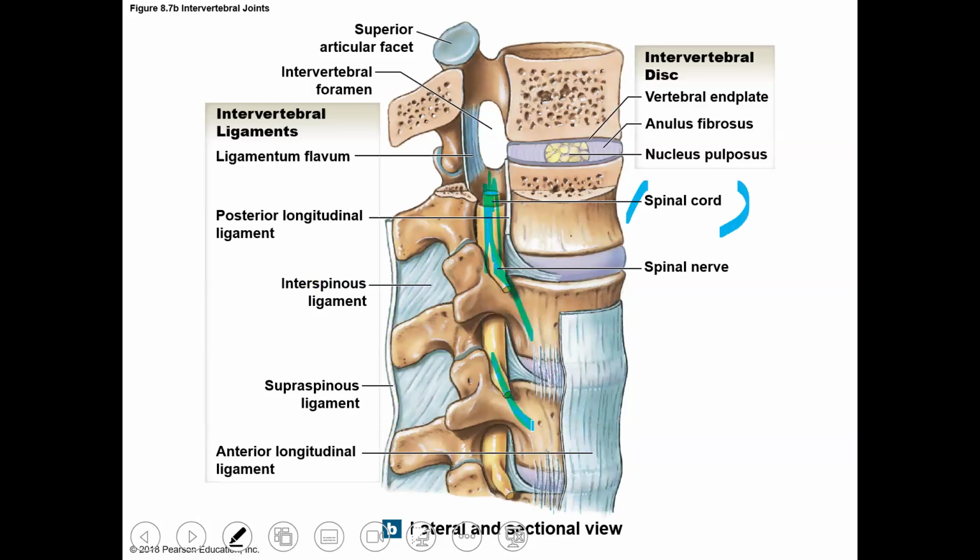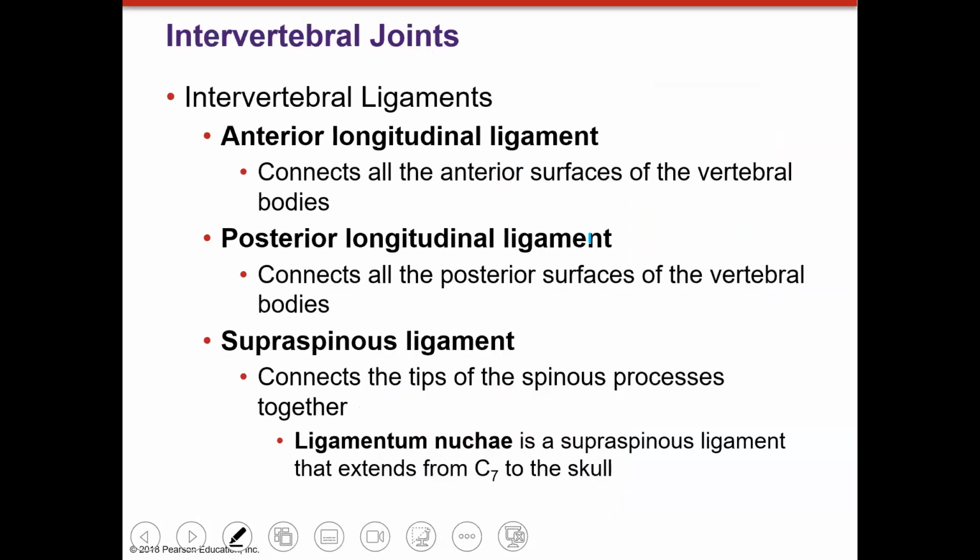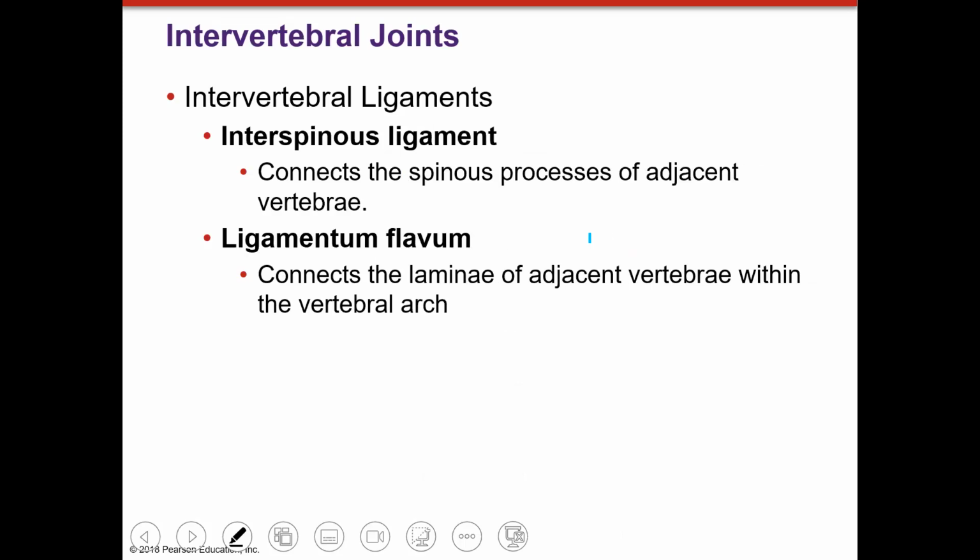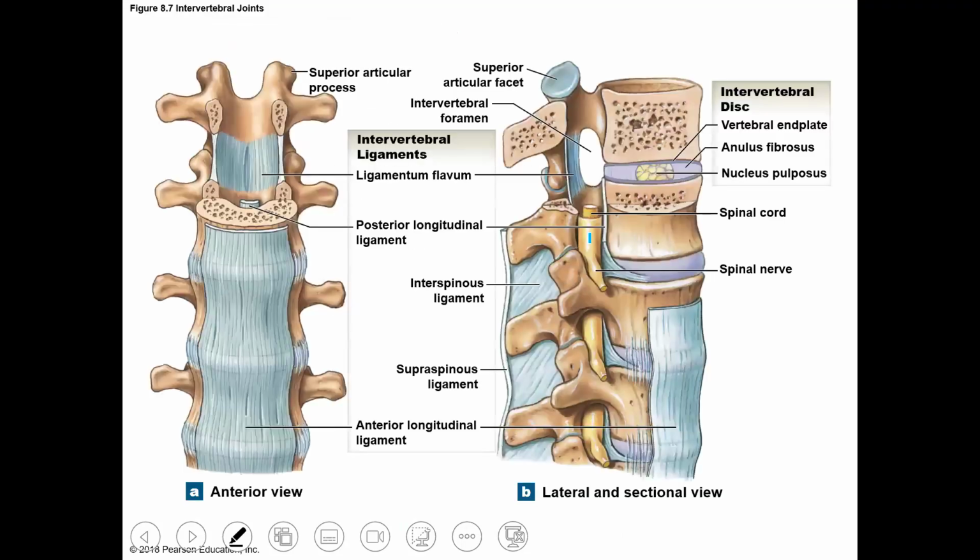And then the little spinal nerves come out of these little holes, the IVFs. And here are the ligaments. If that's of interest to you, feel free to pause and check out all of the different ligaments. An interesting picture here for you as well. Again, here's the spinal cord.